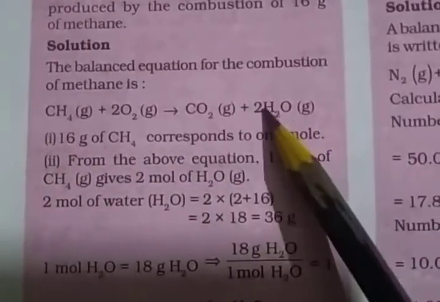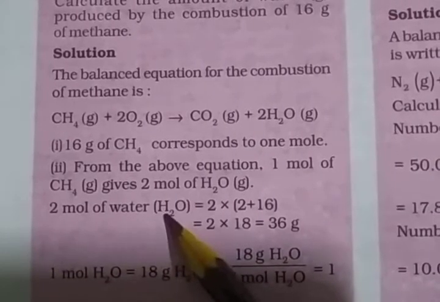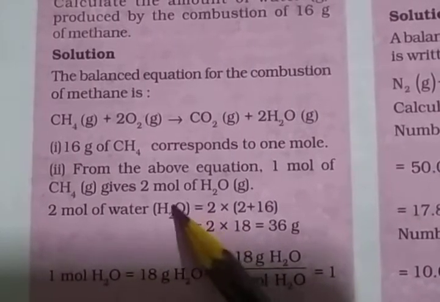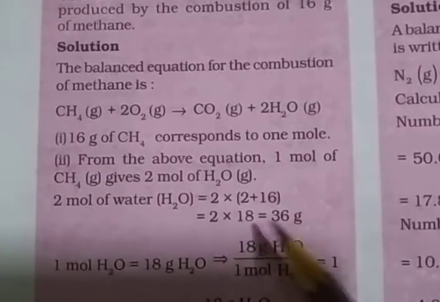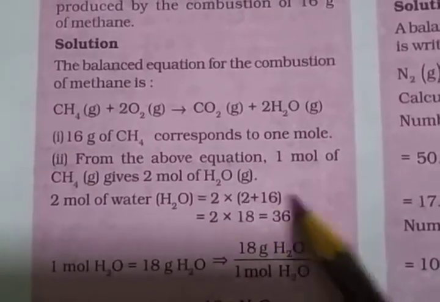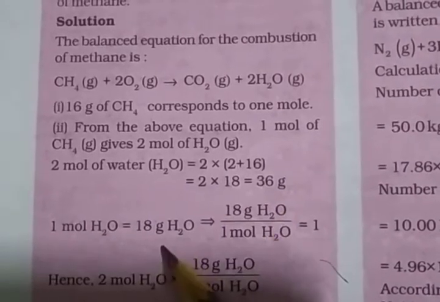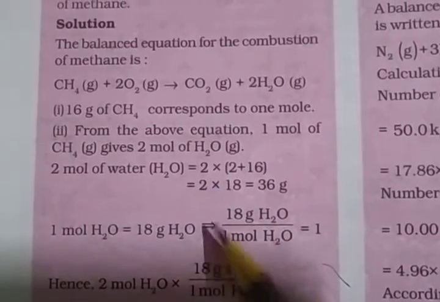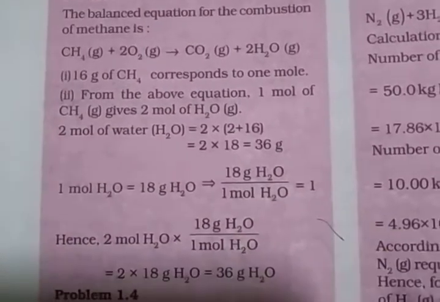So 2 mole of water means 2 into hydrogen 1 into 2 plus 16, the atomic mass of oxygen. So 2 plus 16, 18. So 2 into 18, 36 gram. So this is the mass of the water. So 1 mole H2O is equal to 18 gram H2O. So 18 gram H2O divided by 1 mole is equal to 1.